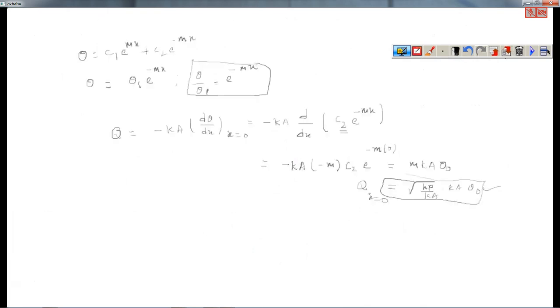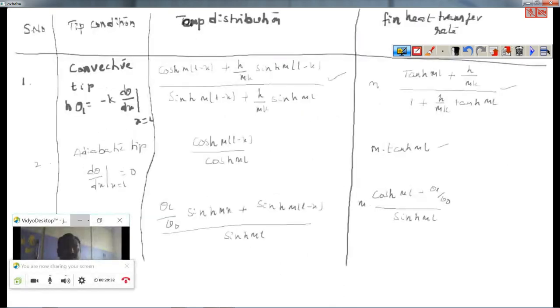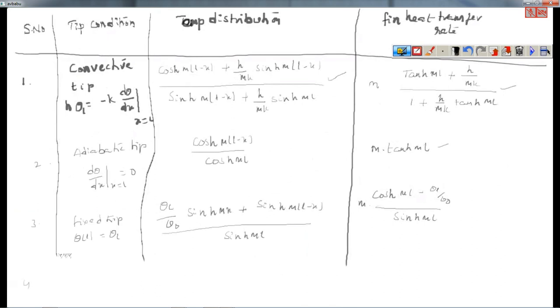Now I will be going for the fourth case, infinite fin tip. It means it is not a finite tip; the length L is infinity and theta L is equal to 0.